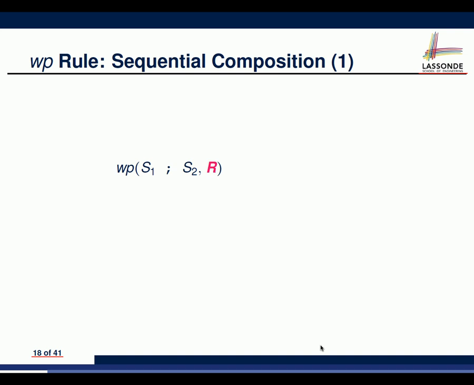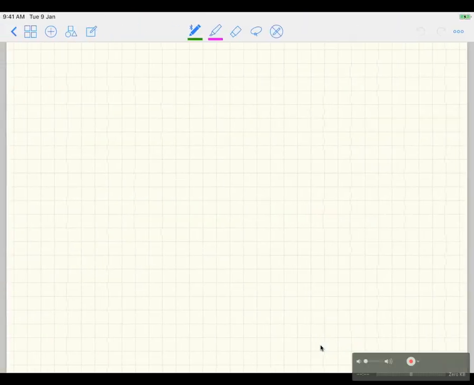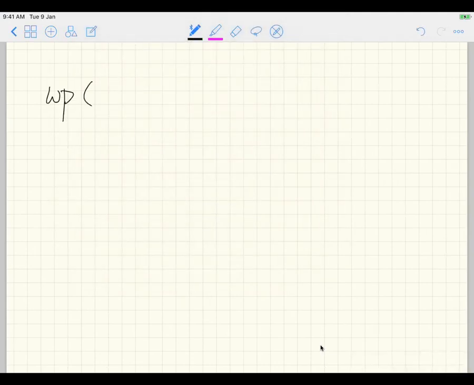Again, I want to give you a little bit of intuition about how this rule can be derived. So if I got the WP for S1 followed by S2, and then I want to establish some R, the rule looks a little bit complicated.